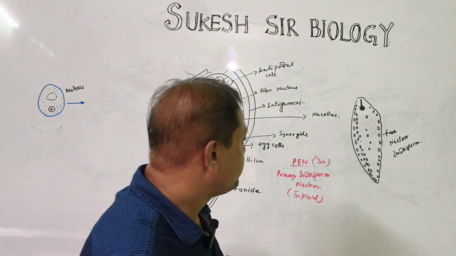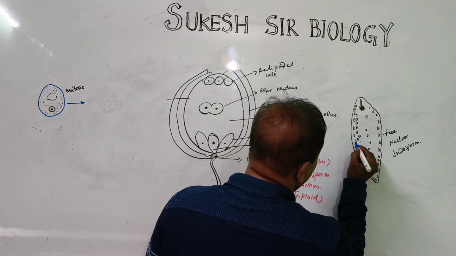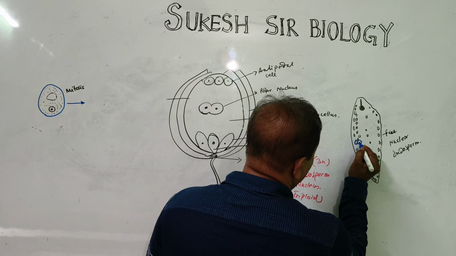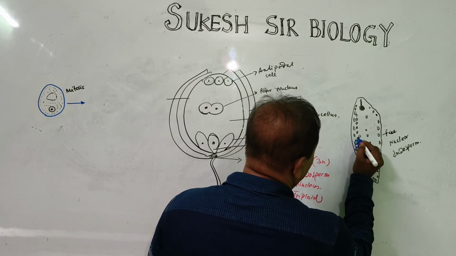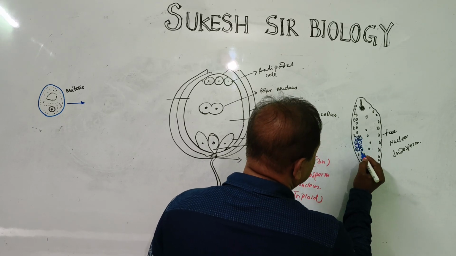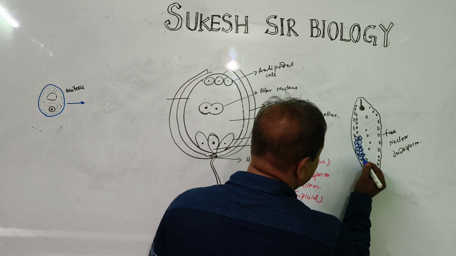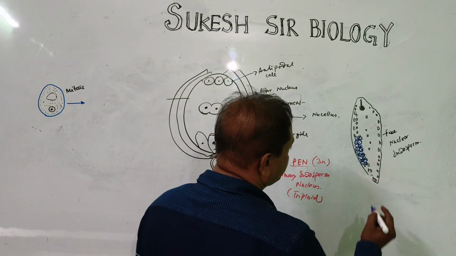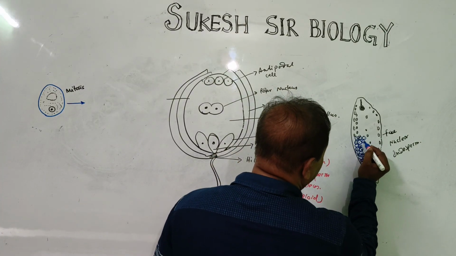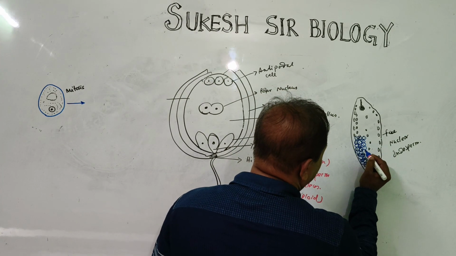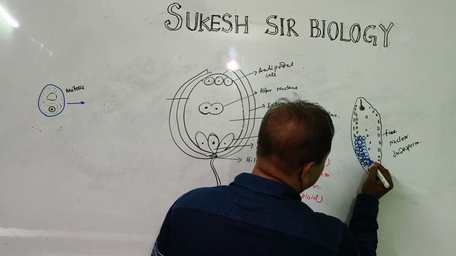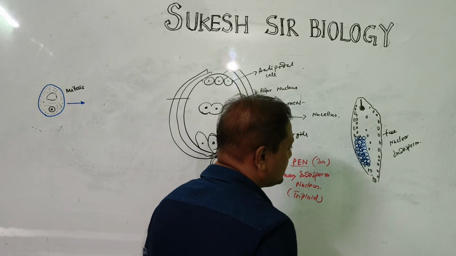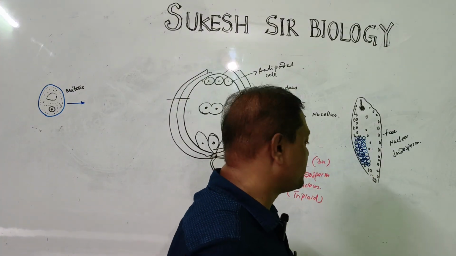Next, if all the nuclei form cells, then it is called cellular endosperm. That means after cytokinesis, it forms cells. So this is called cellular endosperm.